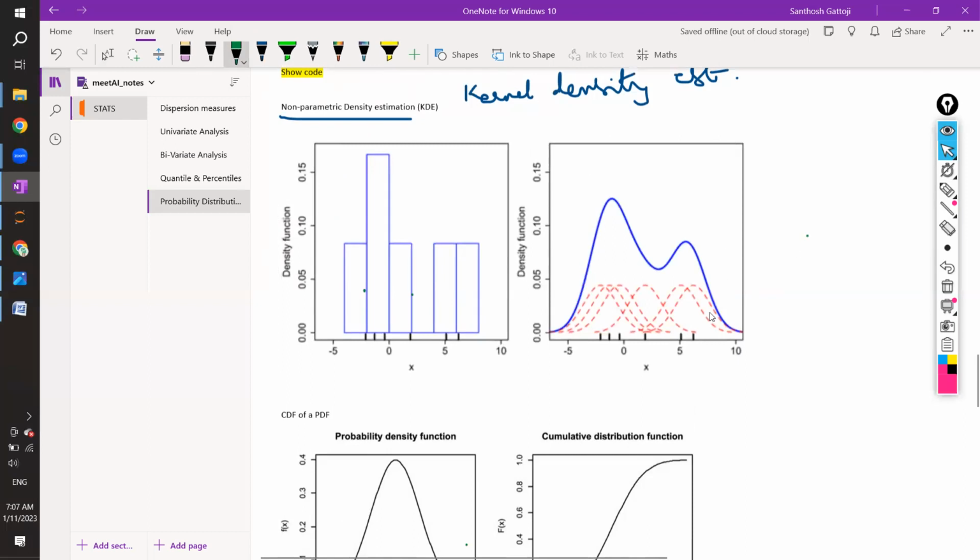For each point, assume that the point itself is the mean, and draw a normal or Gaussian distribution.